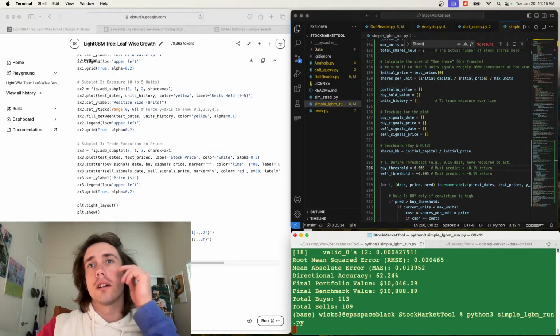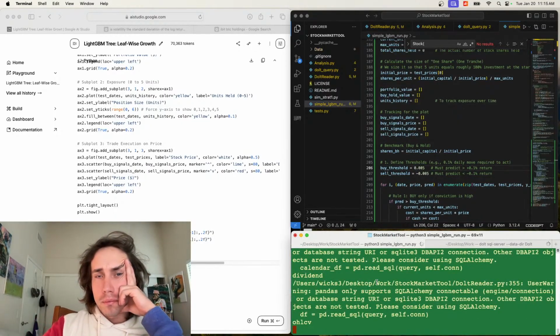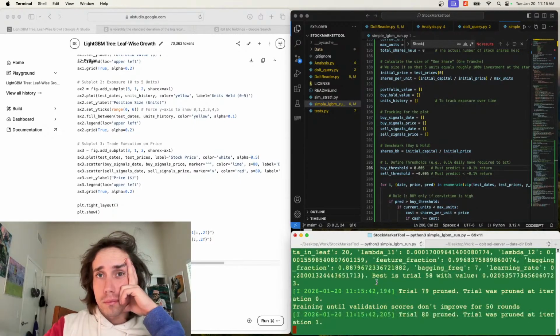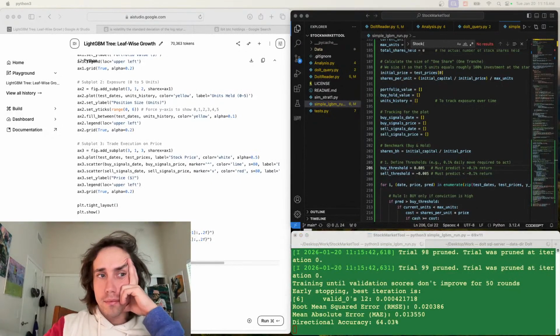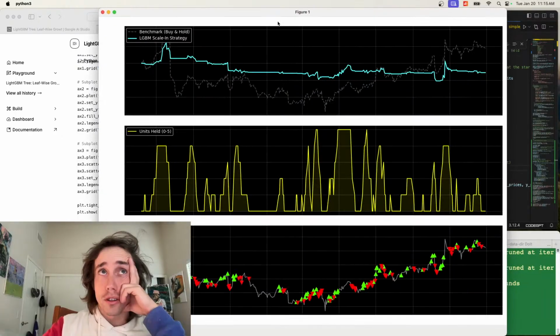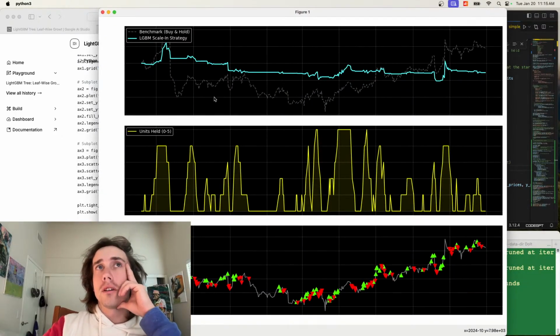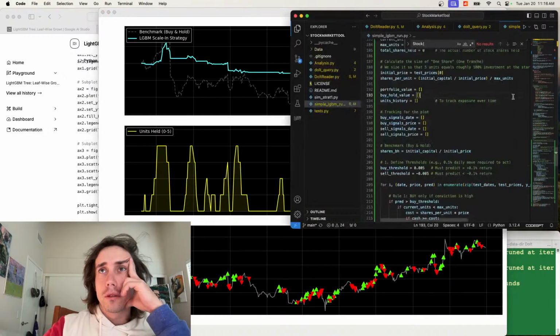Okay, so how's that do? Still worse. Does better when it drops, but we're not buying in quickly enough. So maybe we need a lower buy threshold.